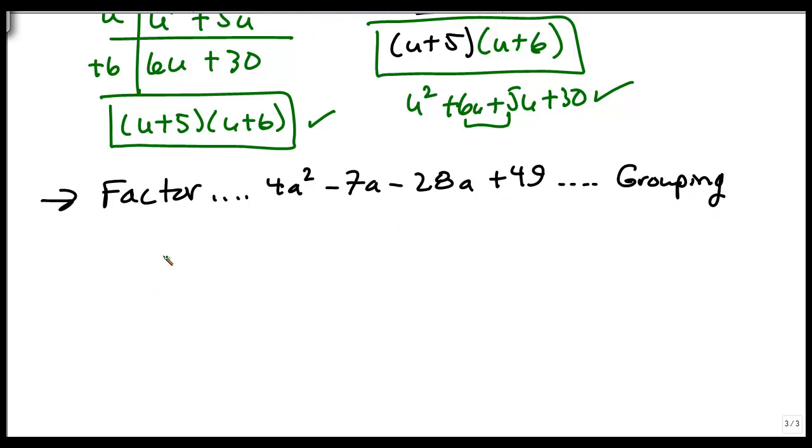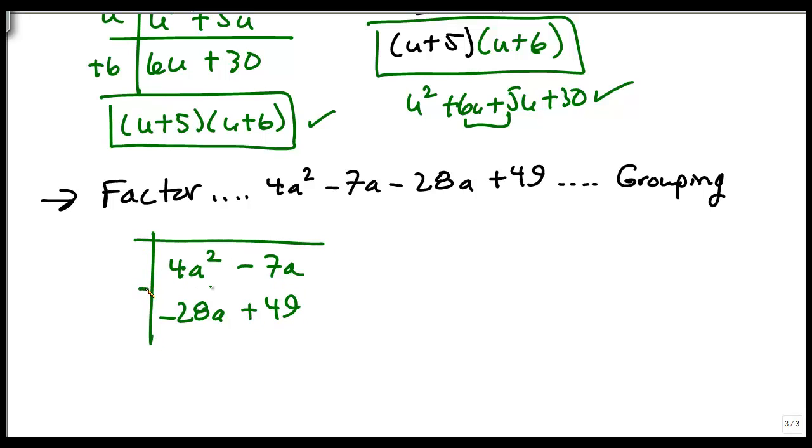I'm going to use the box method first. 4a squared minus 7a minus 28a plus 49. Okay, now this time I'm going to try and get my rows and columns right. My greatest common factor in this first column is a 4a.